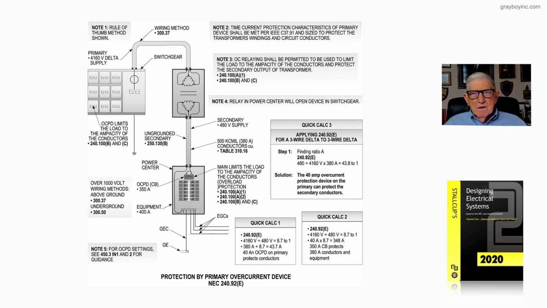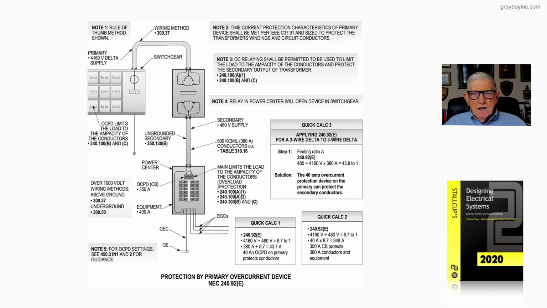Now, Figure 20-44 is simply stating that the primary protection of a transformer shall be permitted to be used to protect the secondary conductors, provided the primary protective device current protection characteristics multiplied by the maximum effective primary to secondary voltage ratio will effectively protect the secondary conductors.